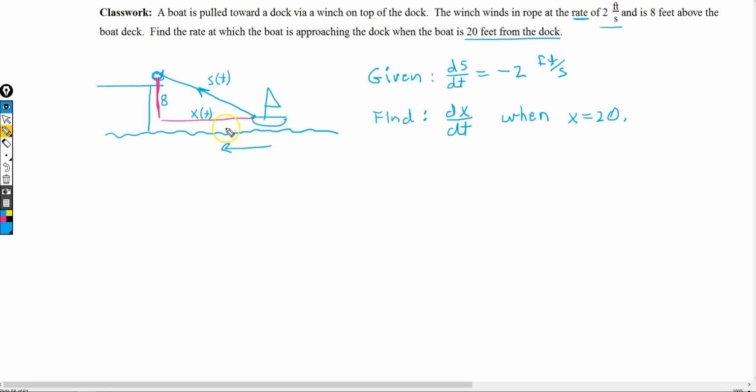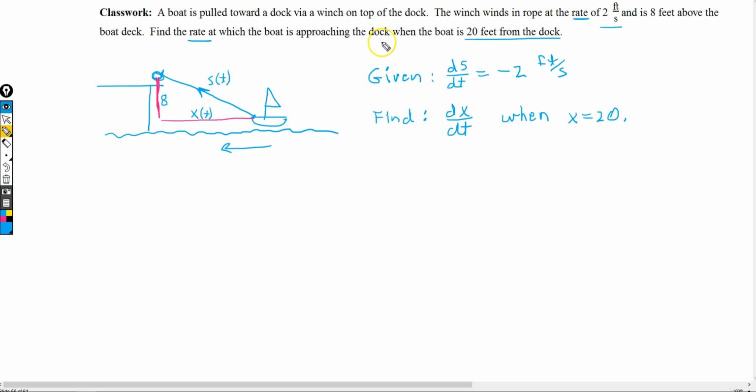All right, so we have everything drawn. We wrote out what we're given and what we want to find. And now we need to find an equation that relates x and s. Also notice, regarding dx/dt, this word rate: find the rate at which the boat is approaching the dock.